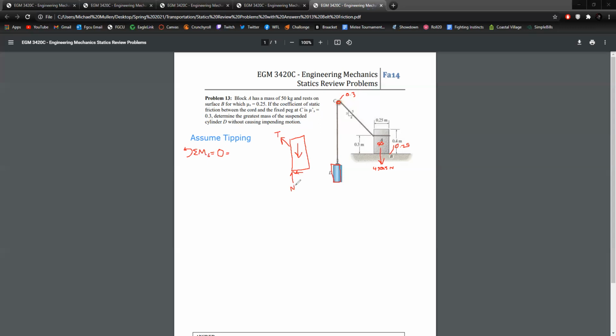Here we have N and F and W. So this is going to be equal to minus our weight times the distance from the edge to the center. The weight is going to act in the center. We have 0.125.